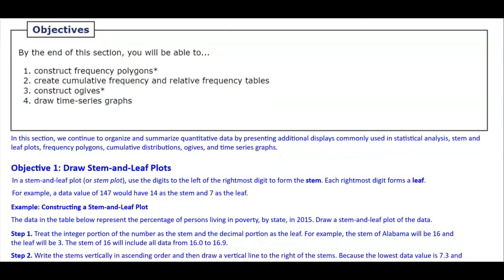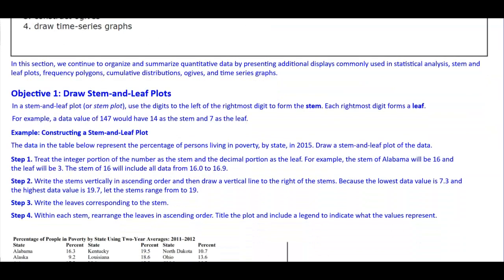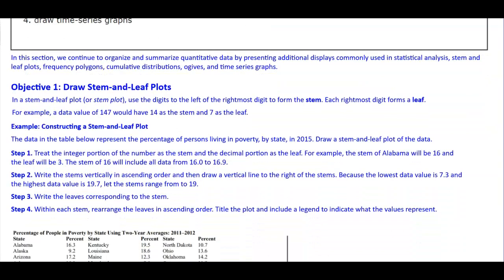For example, we're going to construct a stem and leaf plot. The data in the table below represent the percentages of persons living in poverty by state in 2015. We want to draw a stem and leaf plot of the data.